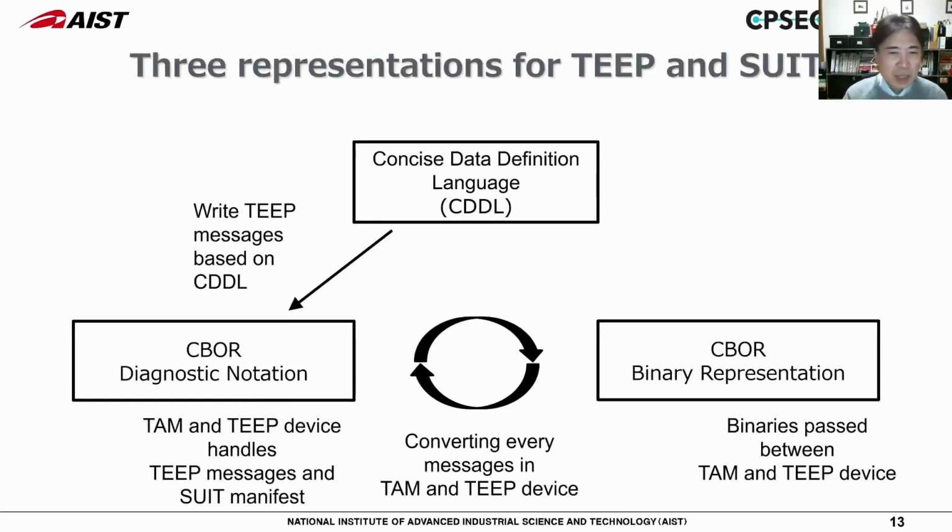That's how it goes. CDDL is in the draft, but the draft also has an example of a CBOR diagnostic notation for the message, and an example of the binary representation of the CBOR diagnostic notation.